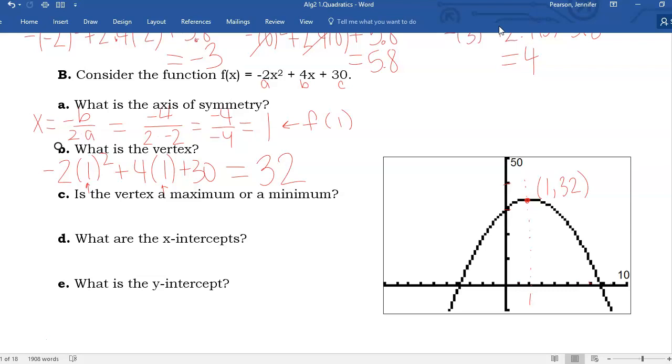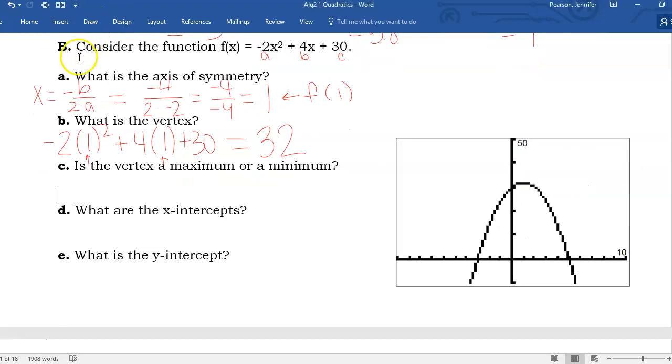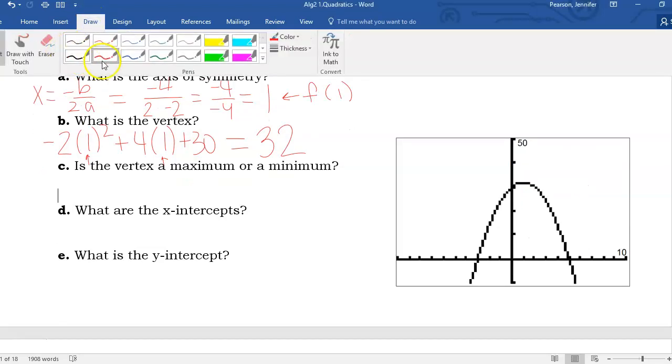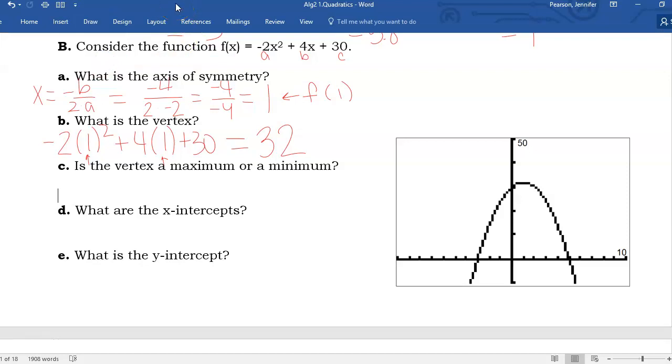Anyway, because 1 should probably be here. That doesn't look right. Okay, so I knew that graph didn't look right, so I got the right graph on there. My bad. But now that this one actually matches the equation up there, it's much easier to see that the axis there lines up right where x is 1, and then our vertex there would be 1, 32.